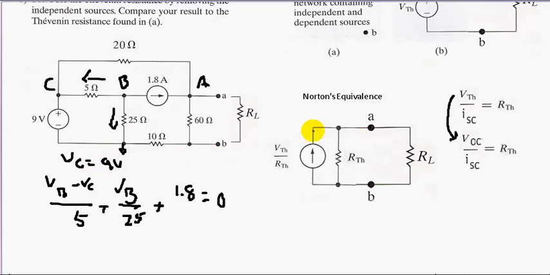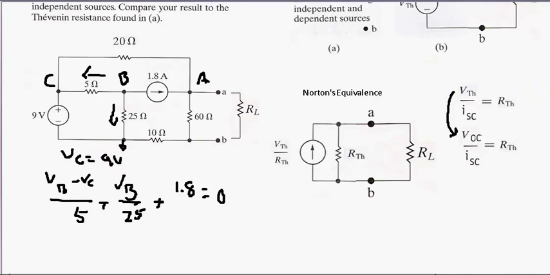Now let's write our equation for node A. There's one current going out here, one current going in, and one current going out.